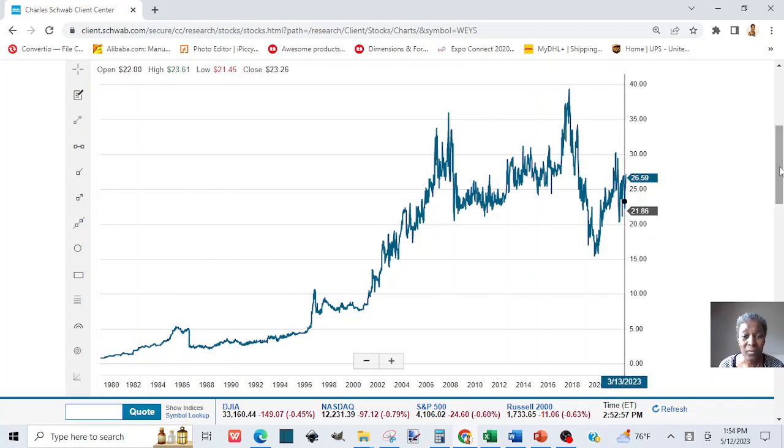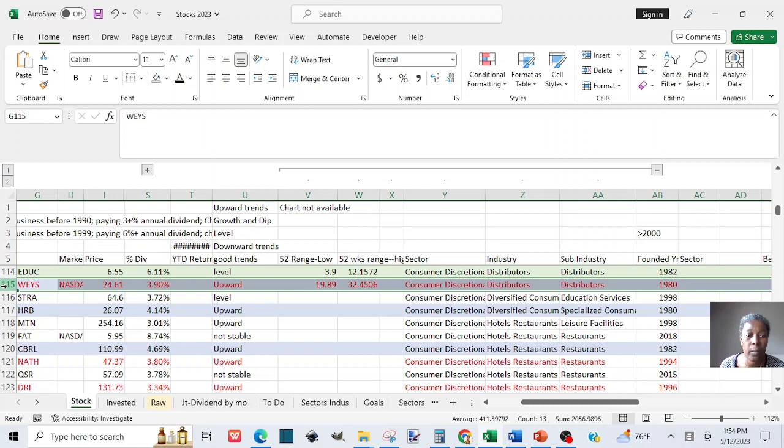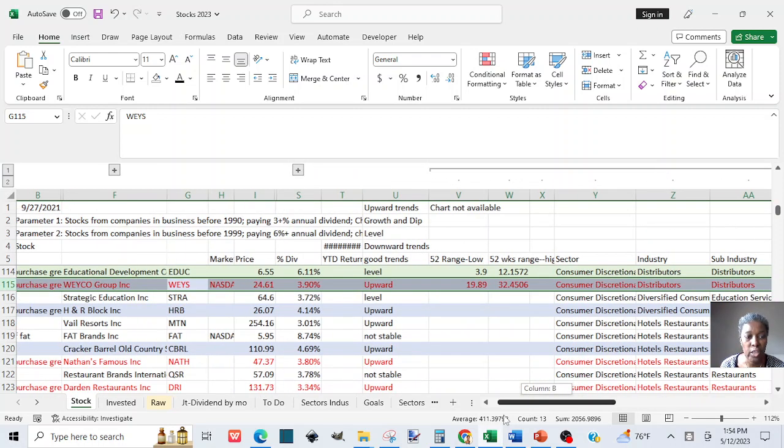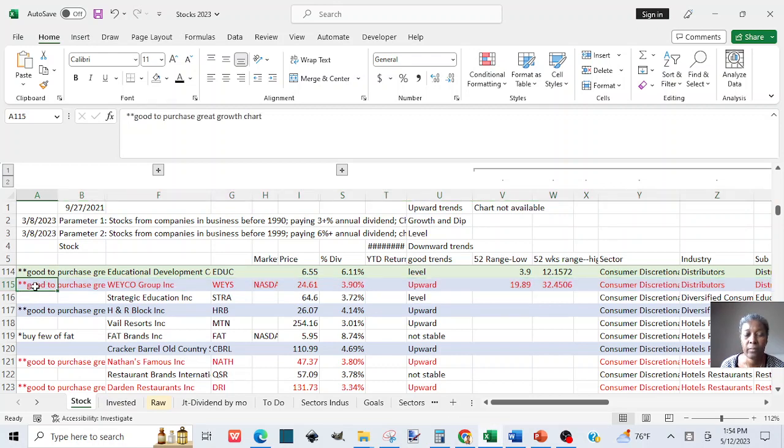So for this, if I like it or if you like it, what you will do is you can highlight that one, either the font or the cell, or you can put a note in the margin, you know, that you want to purchase it.